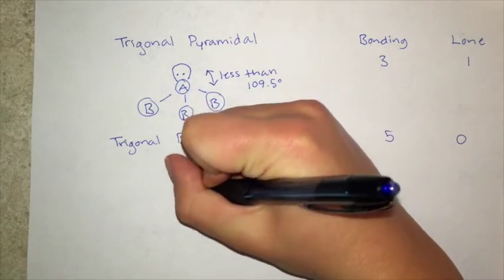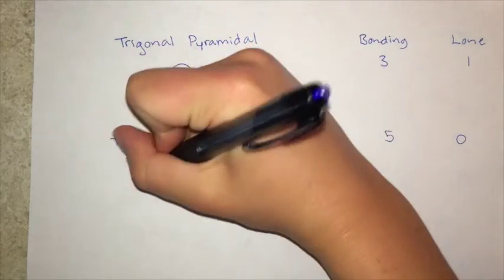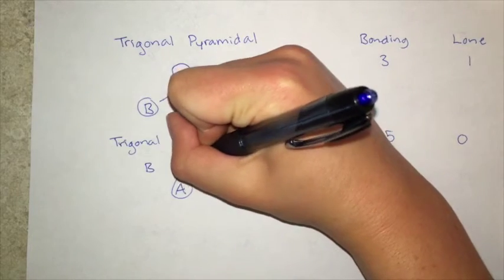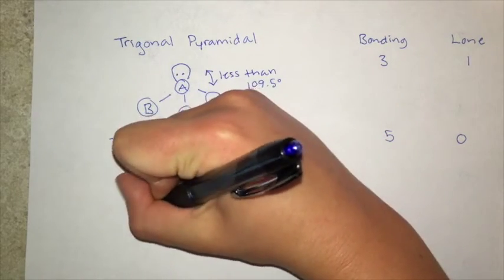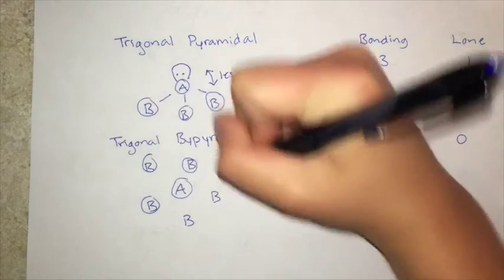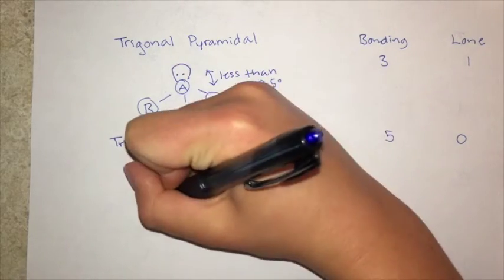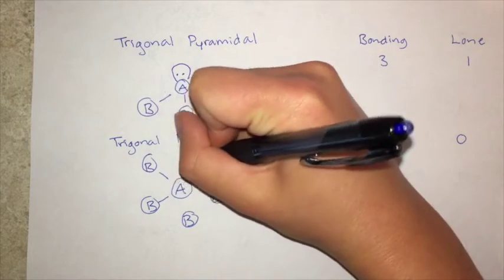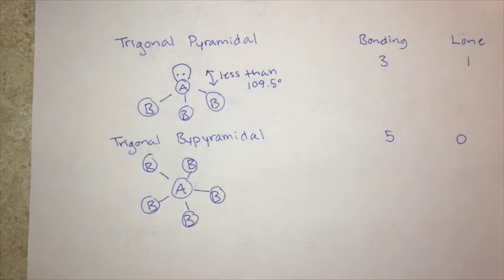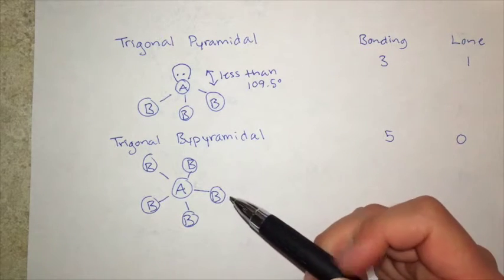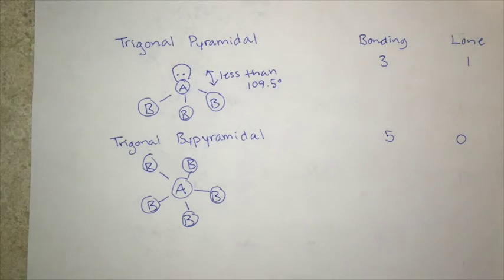So we're going to have an A, then it's just going to be 1, 2, 3, 4, 5. And when you look at the actual molecules, you'll end up changing the atom to whatever the molecule is. So this is what a trigonal bipyramidal looks like.